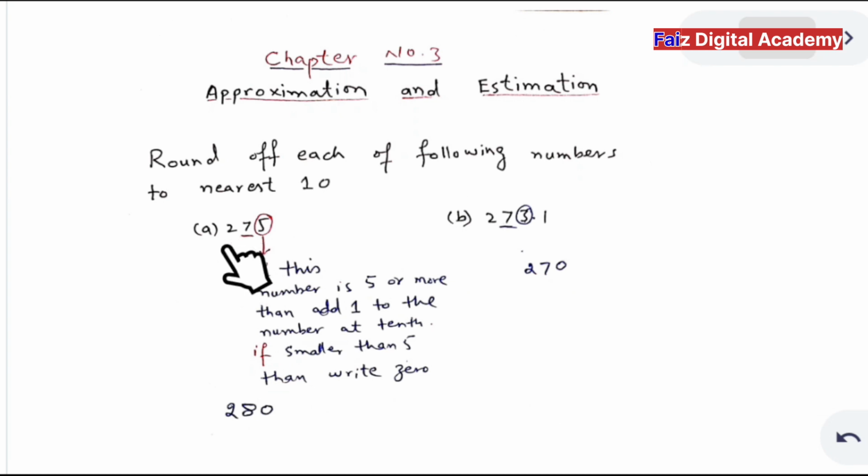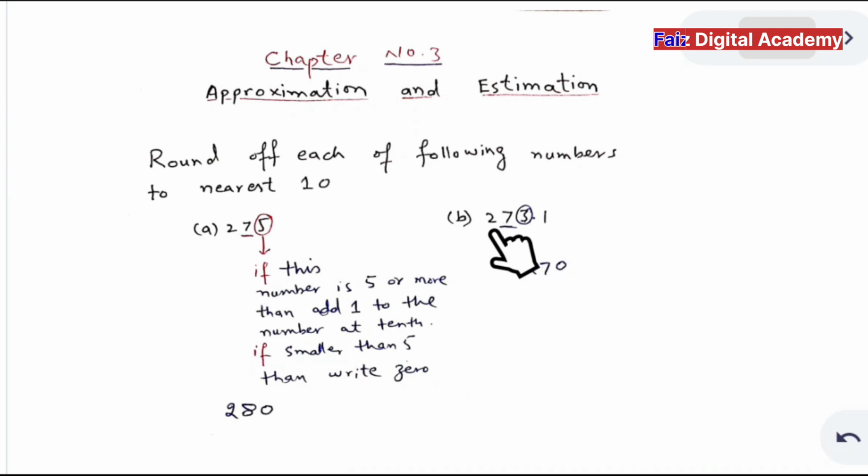In this case, as this number is 5, we will add 1 to the number 7 and it will become 8, and this 5 is changed to 0.